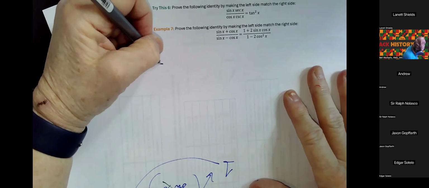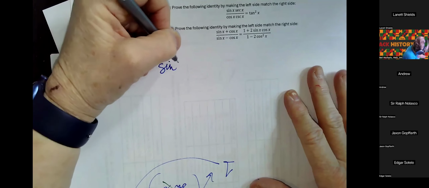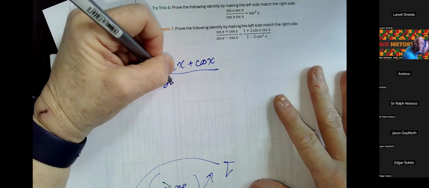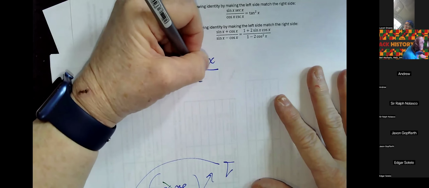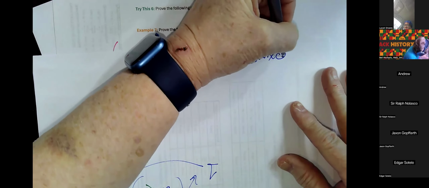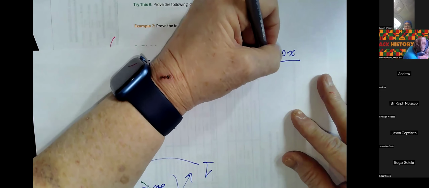So we want to start with sine x plus cosine x divided by sine x minus cosine x, and the goal is to get to 1 plus 2 sine x cosine x divided by 1 minus 2 cosine squared x.